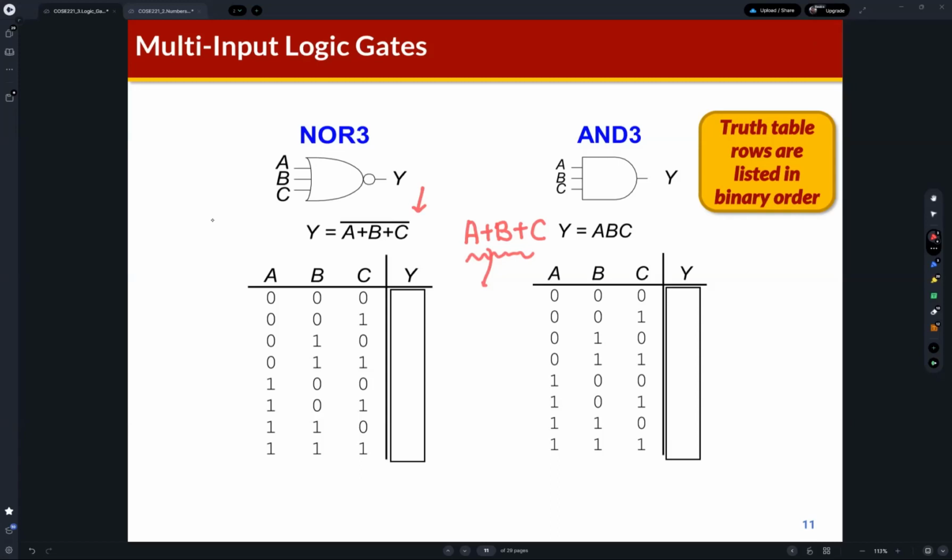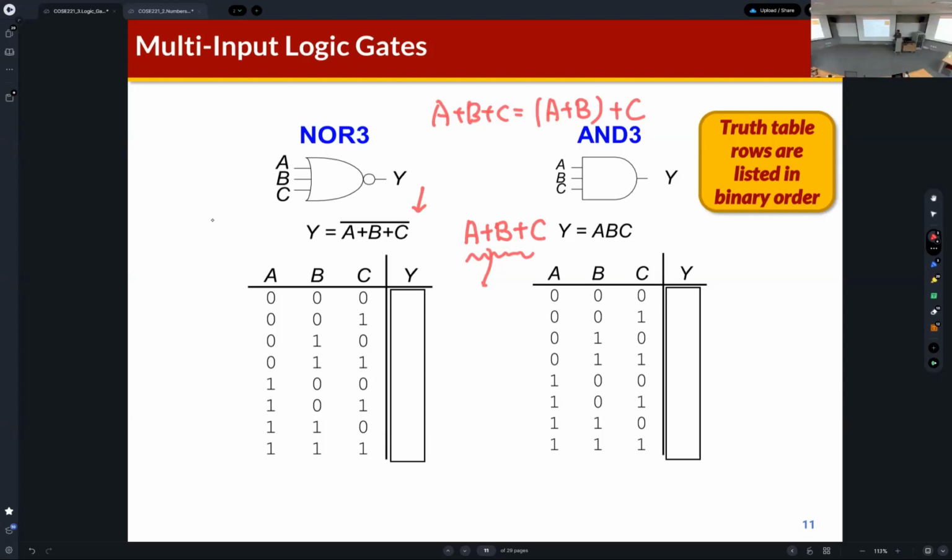We can rewrite this equation like A plus B plus C, right? We can perform A plus B first, and then perform plus C. Okay? Then it's the same.